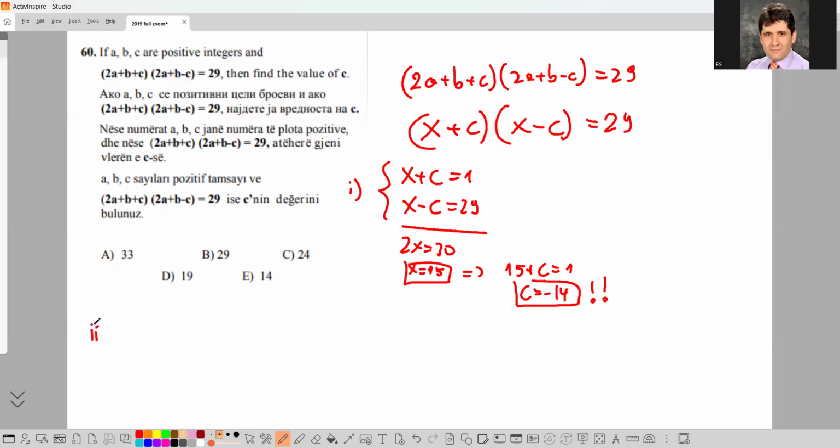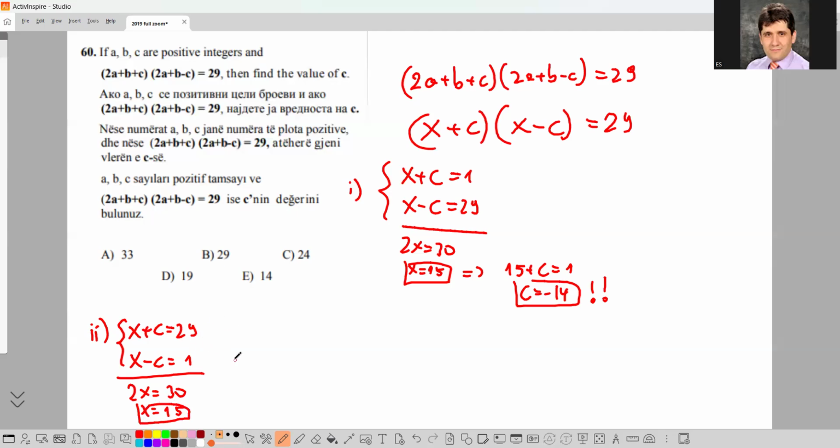And the second option would be if x plus c is 29 and x minus c is 1. Again, this is a system. Add up everything. You get 2x is 30. So x is 15.